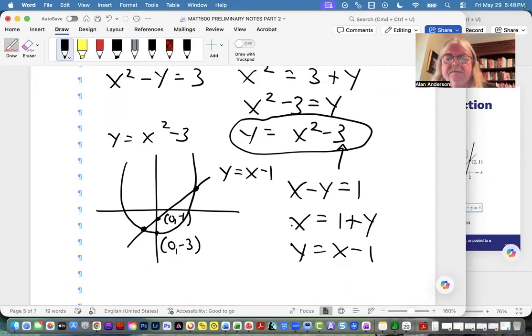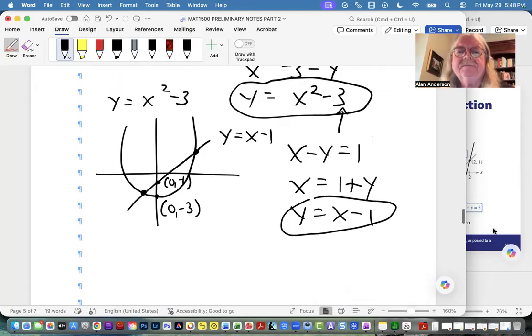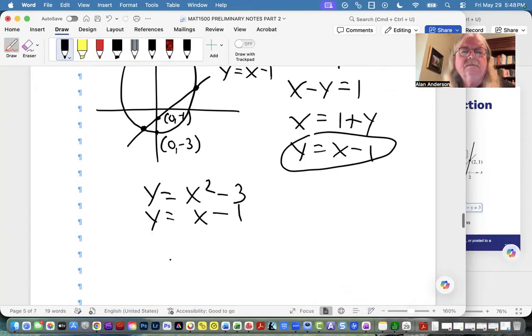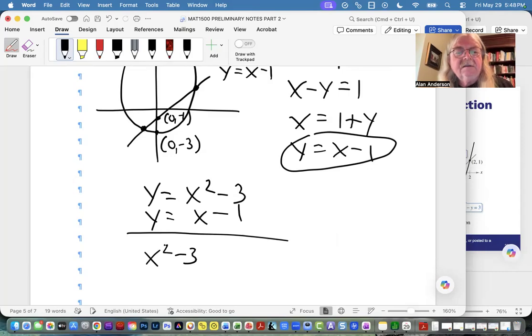So what we're going to do is set these equal to each other and solve for x and y. So we can write it like this: x squared minus 3 equals x minus 1.